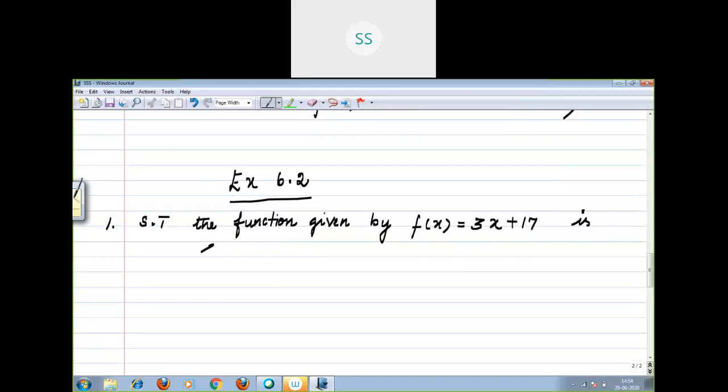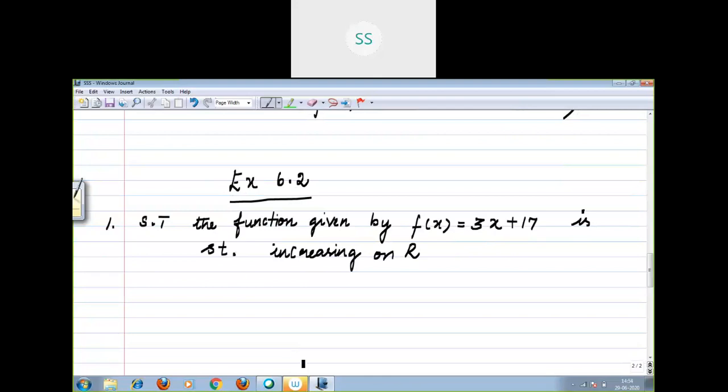is strictly increasing on capital R. Capital R means real numbers. The limitation of real numbers is minus infinity to plus infinity, that is open, right?